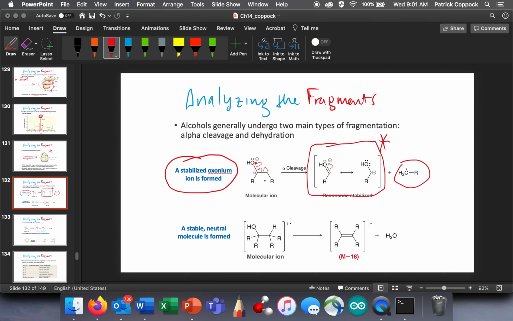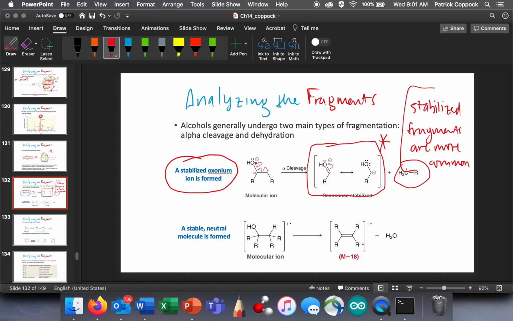When you get stabilization of some fragments, stabilized fragments are more common, or their peak is going to be bigger because they're stabilized.